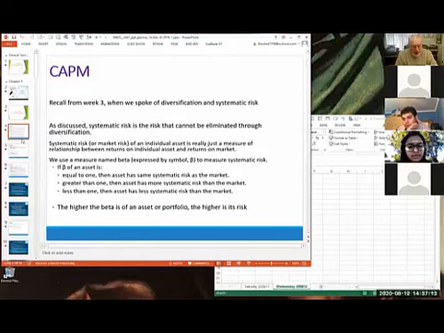The Australian Stock Exchange, like other stock exchanges, issues data that gives you the beta of the different companies that are listed.